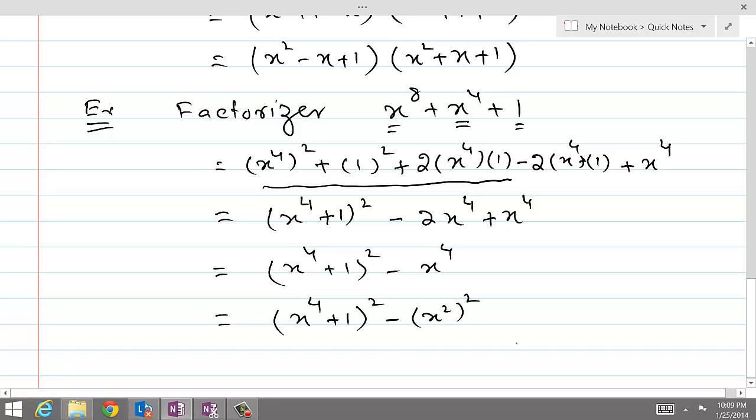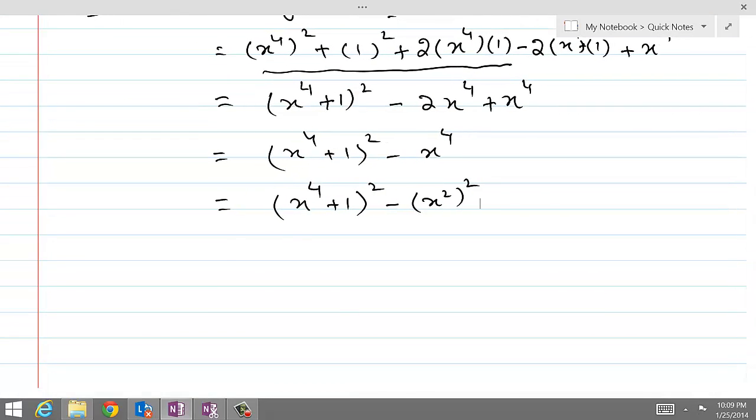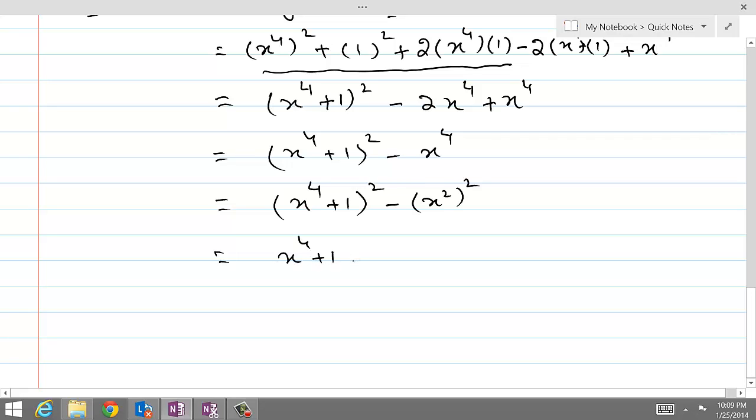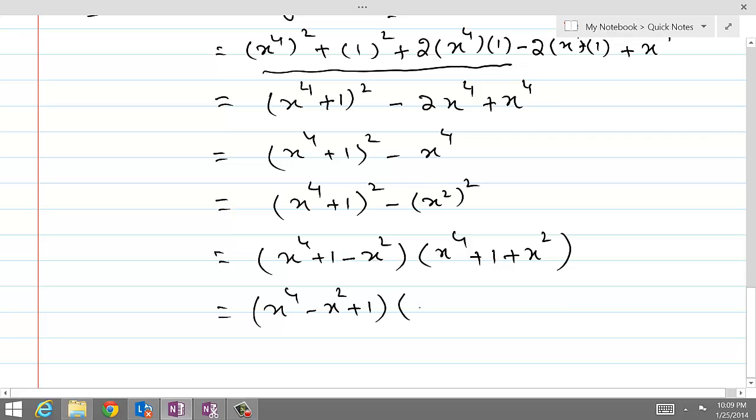This is again the difference of two perfect squares, and we can one time add, one time subtract the two terms: (x⁴ + 1 − x²) and (x⁴ + 1 + x²) one time, and this becomes (x⁴ − x² + 1)(x⁴ + x² + 1) by rearranging.